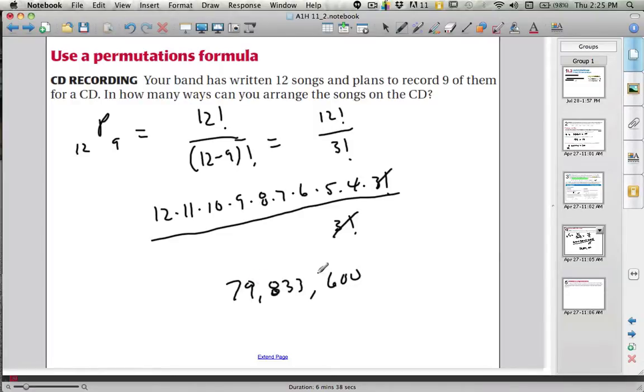Remember, that means that even if I pick the same 9 songs, because I've got to select the order of the tracks, that's why there are so many. It may seem like a crazy number, but that's how many different ways I could arrange a 9-track album out of 12 different songs that I've recorded.